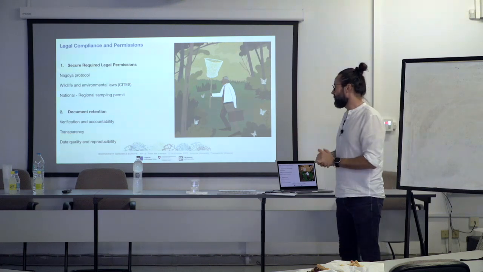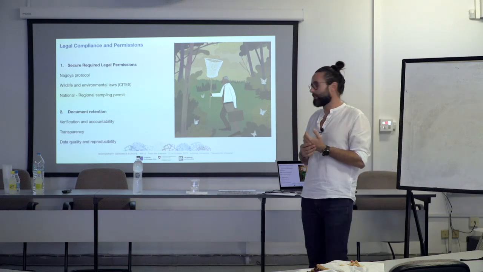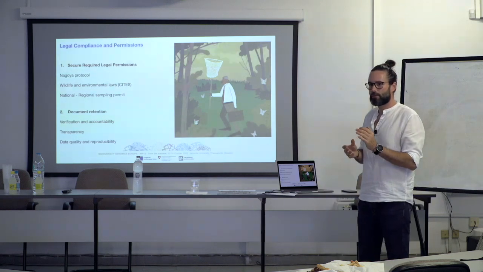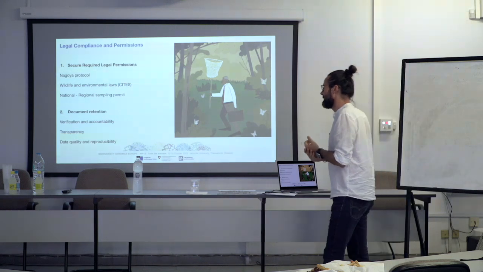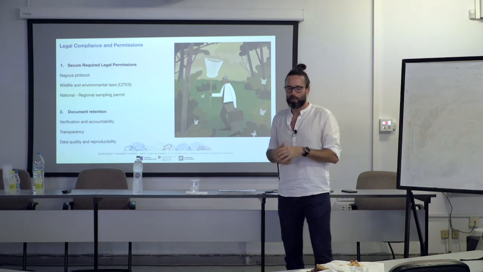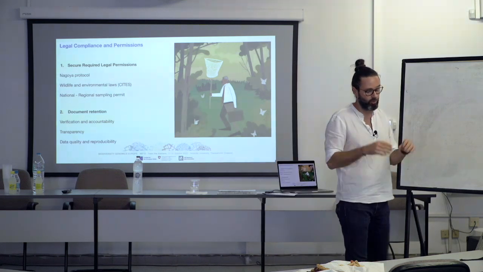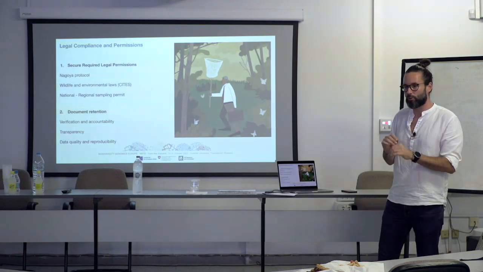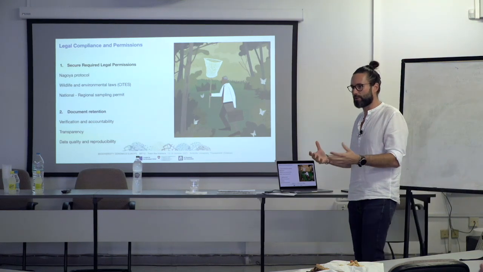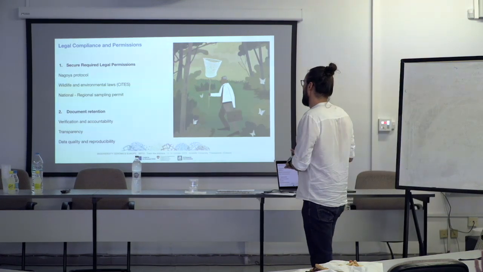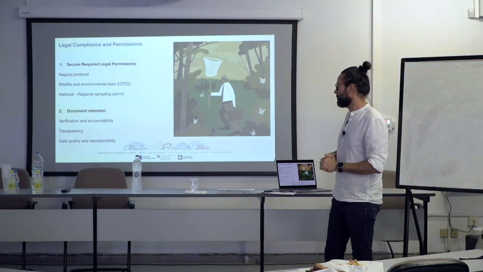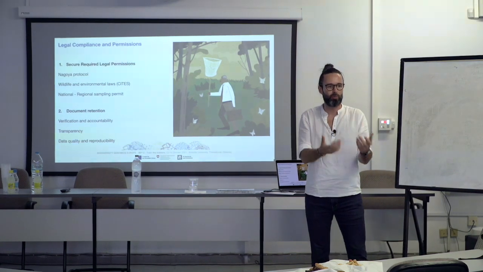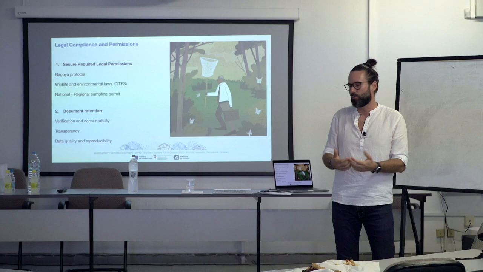And then what we request is the document retention. So why do we ask this? Basically, we have a repository that stores the data only in Europe, because this is another point that should be taken care of. They keep the original version of the permit, and we keep a copy of it when it's possible to retrieve it.